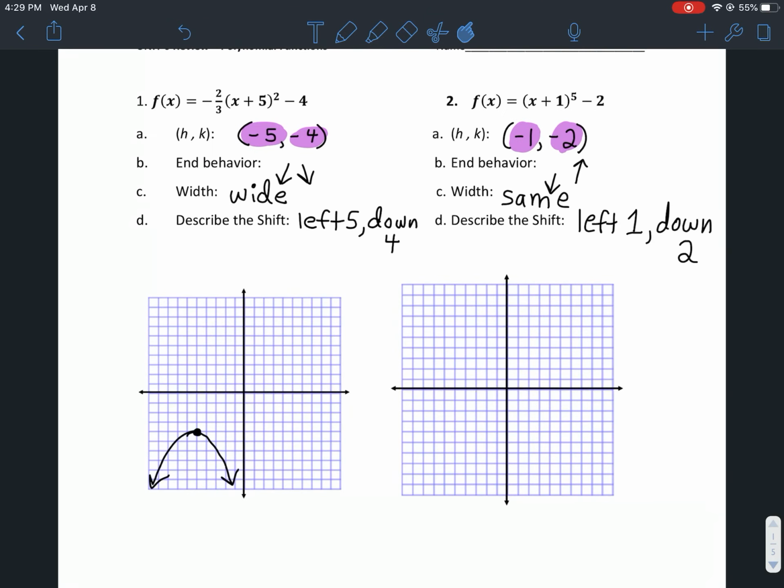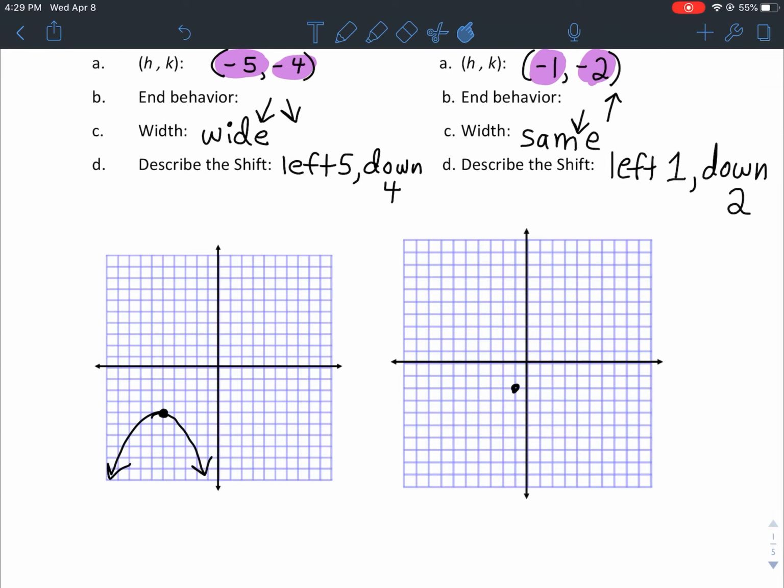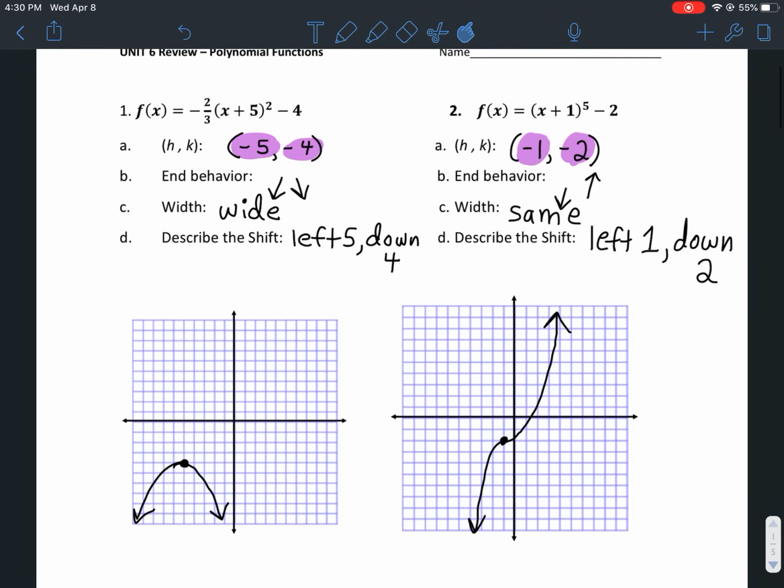And then if we look at number 2, we're going to go left 1, down 2. And then we notice our end behavior is going up to the right, down to the left. It's not going to be any wider or narrower than if A was 1, because A is 1. So it looks something like this. And again, those aren't perfect. If you graph those in the calculator or using Desmos, you would see exactly what they look like.